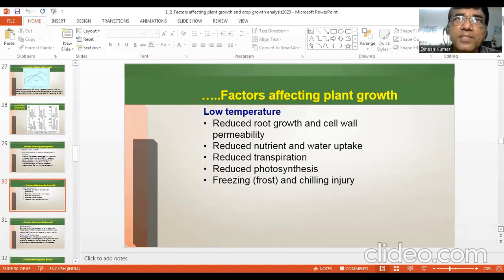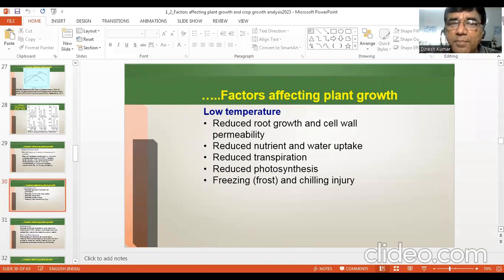Cell wall permeability is important for the exchange of gases, nutrients, and water. So there is reduced nutrient and water uptake, and reduced transpiration. Reduced transpiration means less dry matter production, reduced photosynthesis, and freezing and chilling injury.